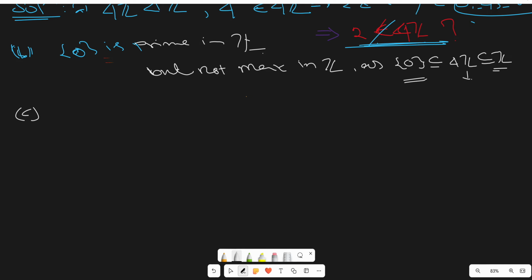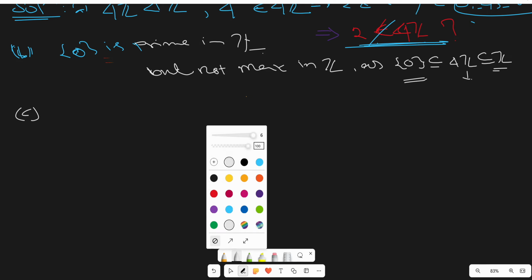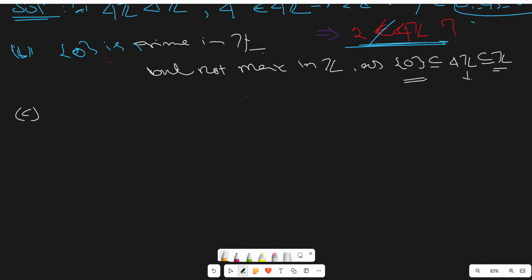Okay, see, suppose in Z, if I is a maximal ideal, I have to show I is a prime ideal.